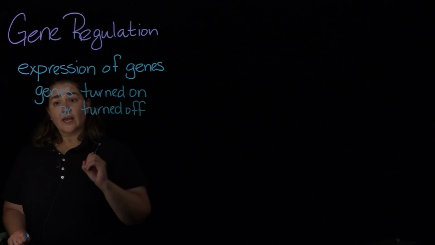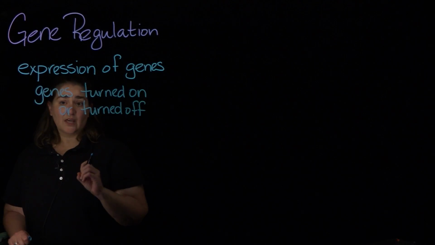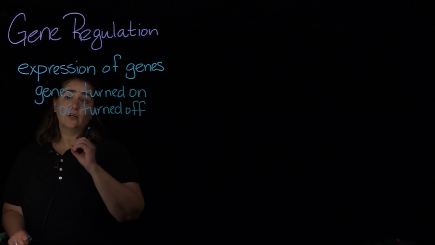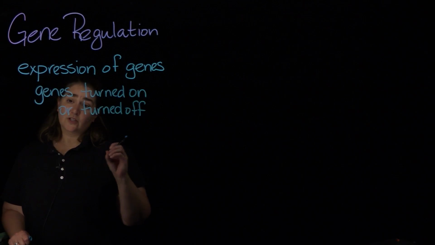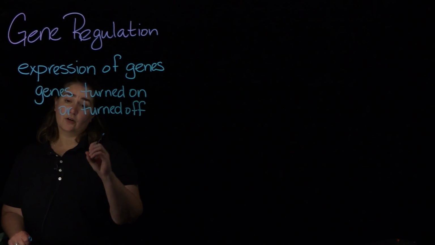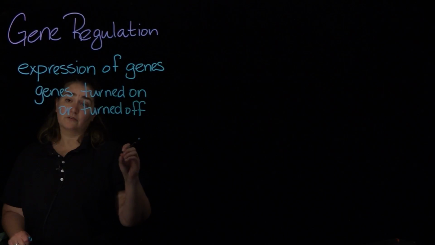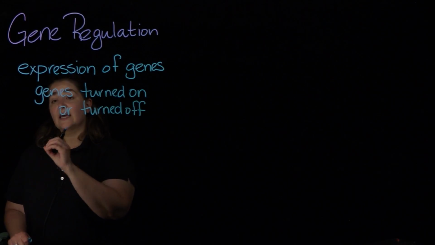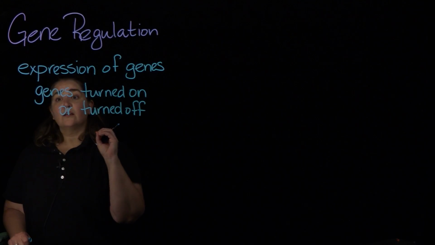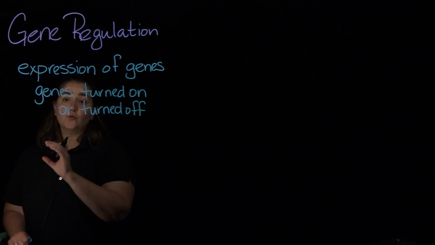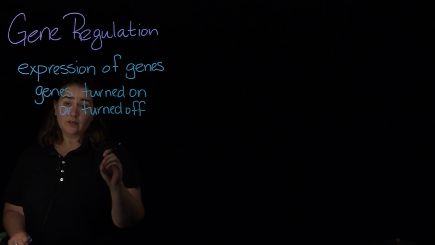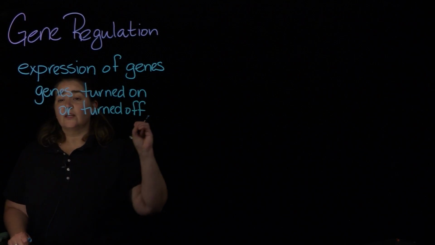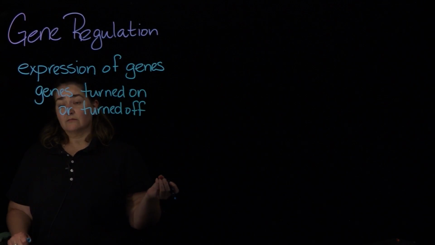If you want to have that particular protein made, because remember when we talked about the flow of information, the central dogma in molecular biology, we talked about DNA encoding RNA encoding protein, okay? There are going to be signals within the cell that are going to tell, essentially, the RNA polymerase, you need to transcribe this gene so that it can be translated for protein, all right?